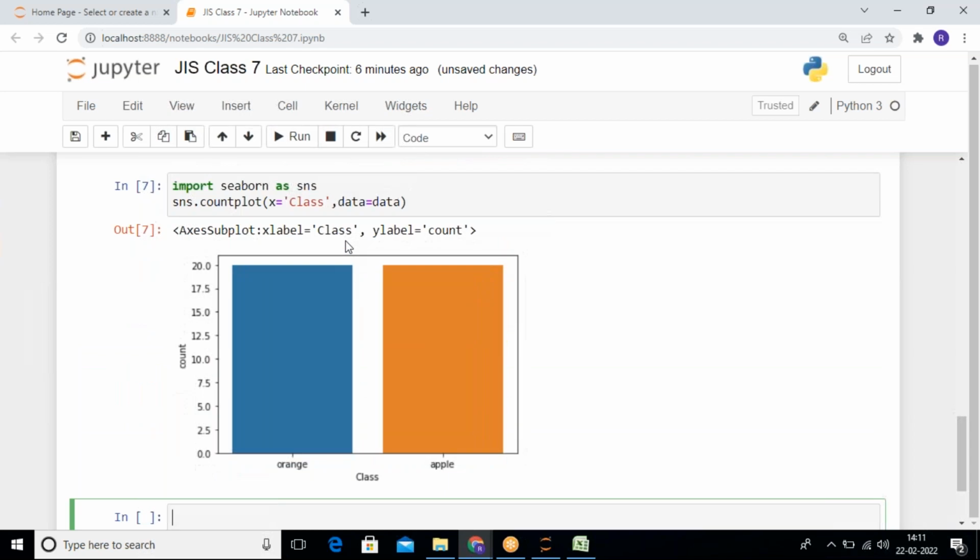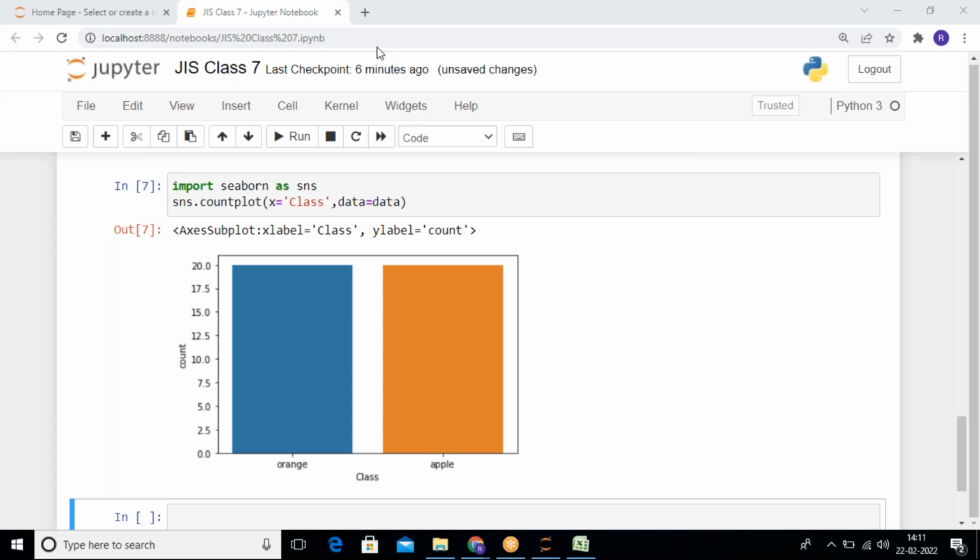Let me see. Oh, there is an equal number of oranges and an equal number of apples. Just have a look. Look at this data set. Here, no problem of class imbalance.